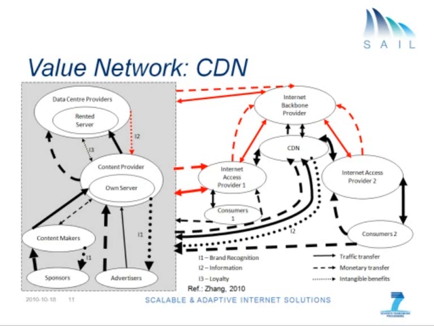So here the key idea is that those red arrows become thinner, which means that actually content provider pays less to internet access providers, and access providers also save in their transit costs, because the interconnectivity to content delivery networks is free for them.